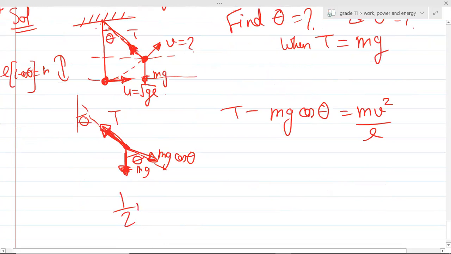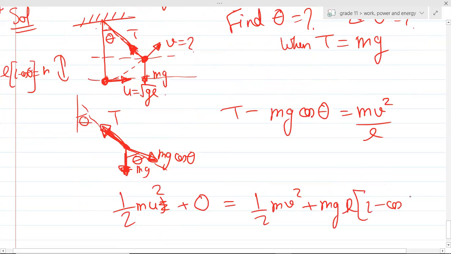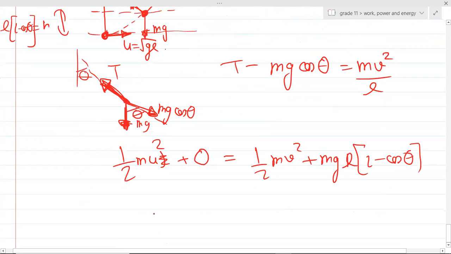Half mu square plus 0 should equal half mv square plus mg h, which is 1 minus cos theta.